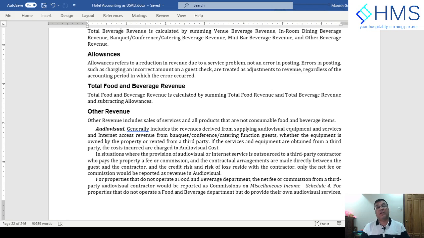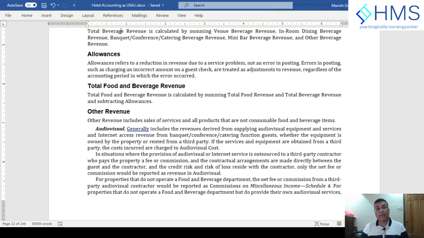But the risk of non-payment, or of reduced charges because of service problems, lies with the contractor, not with the hotel. In that case, the revenue can be recorded net of the cost, meaning the total amount collected from the guest minus the amount that the hotel is paying to the service vendor. So that's fine, you can record the net.